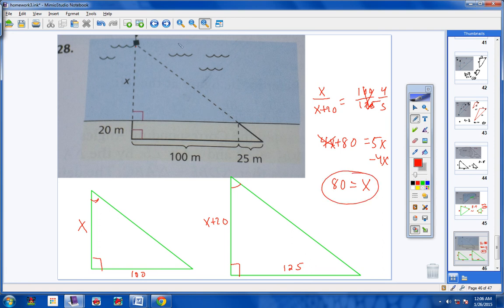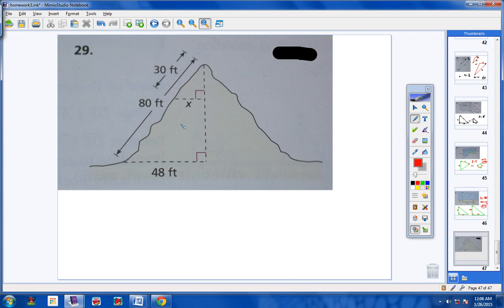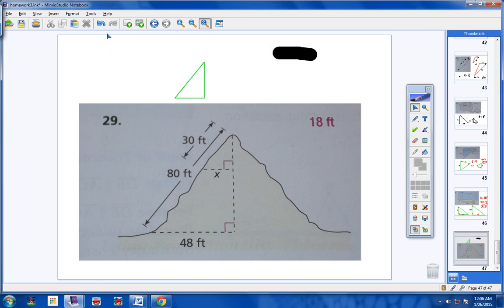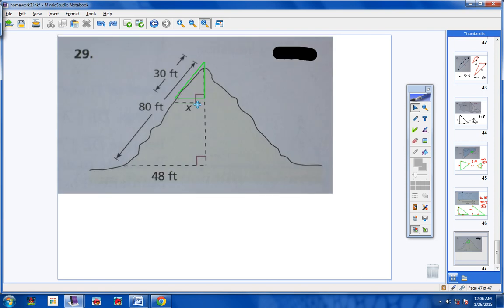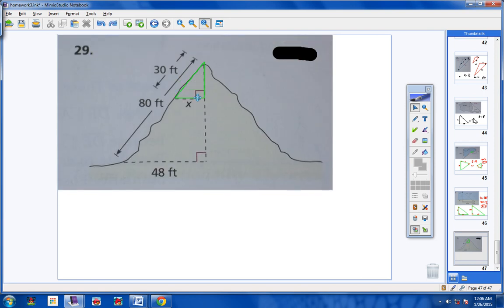And then lastly, finally, number 29. Let's see what we have here. We have a little triangle right here. And then we have a big triangle right here.